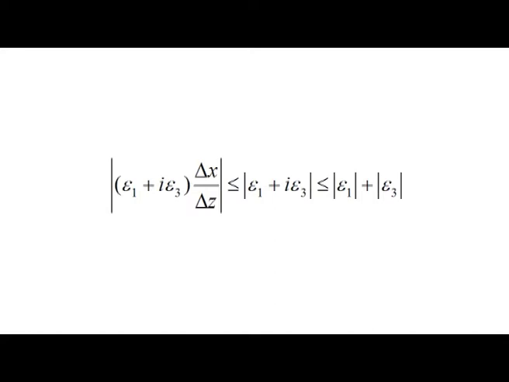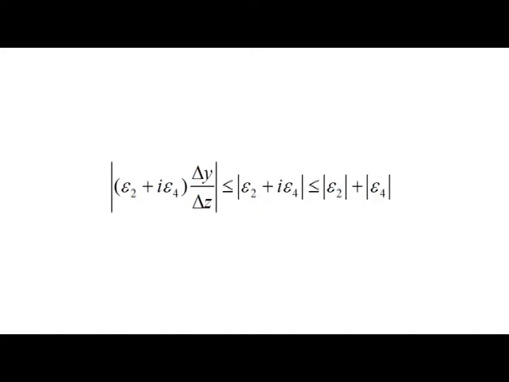So, I can write this is less than or equal to mod epsilon 1 plus i epsilon 3, which is again less than or equal to mod epsilon 1 plus mod epsilon 3. And similarly, we have this modulus of epsilon 2 plus i epsilon 4 into delta y by delta z.